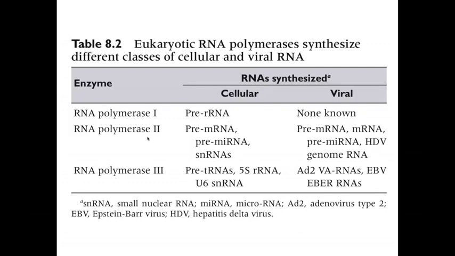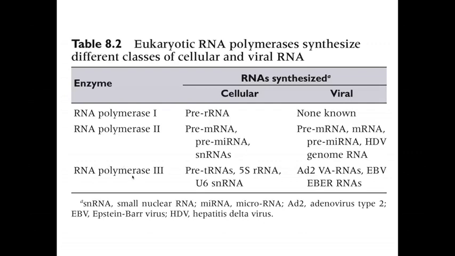RNA polymerase 2 in cells makes pre-messenger RNA, and it also makes pre-microRNAs and small nuclear RNAs, and does similar things for viruses, making pre-mRNAs, mRNAs, pre-microRNAs. It also replicates the genome of hepatitis delta virus.